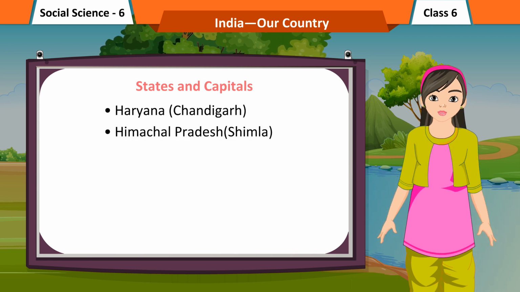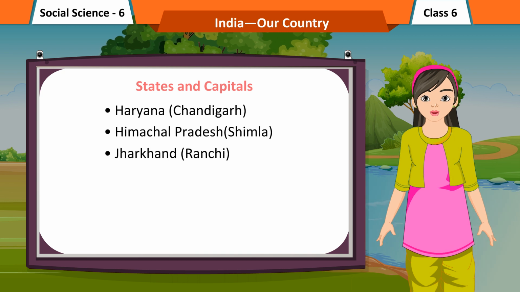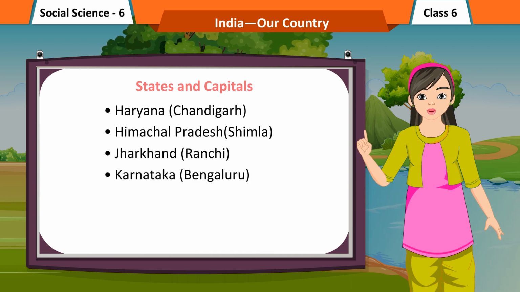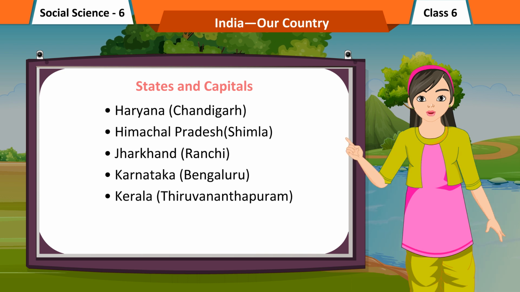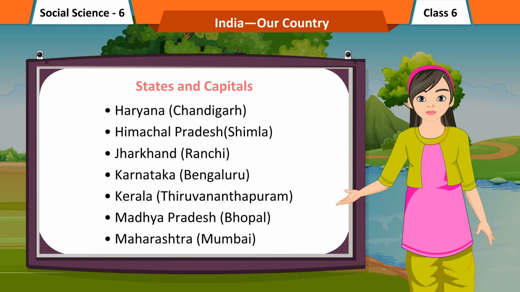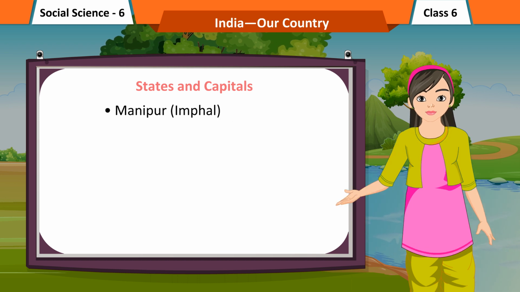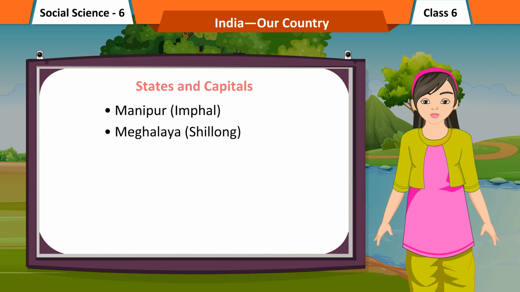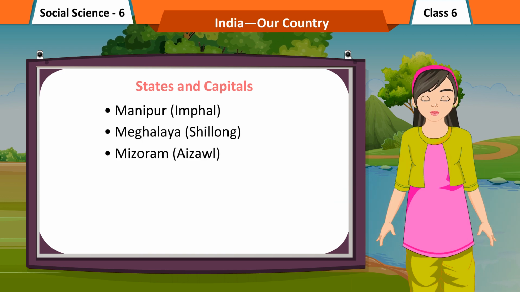Himachal Pradesh, Shimla. Jharkhand, Ranchi. Karnataka, Bangalore. Kerala, Thiruvananthapuram. Madhya Pradesh, Bhopal. Maharashtra, Mumbai. Manipur, Imphal. Meghalaya, Shillong. Mizoram, Aizawl.